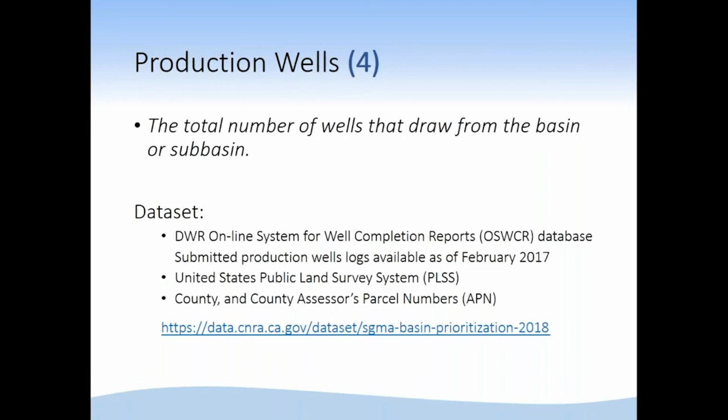Some of them are much greater than 1 square mile, because they only give us township and range, which means that well is somewhere within 36 square miles. So with the use of the public land survey system for mapping these, and county and assessor parcel numbers, we were using all the clues we could to try to figure out where these wells were located within any reasonable certainty of 1 square mile.